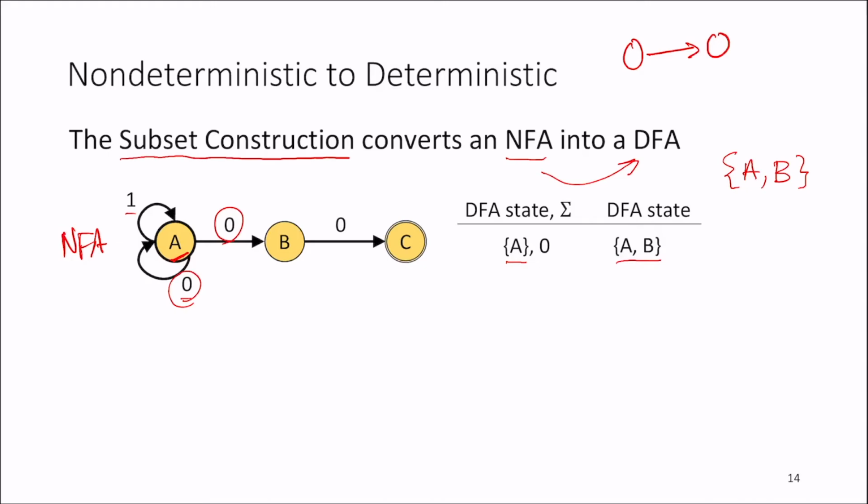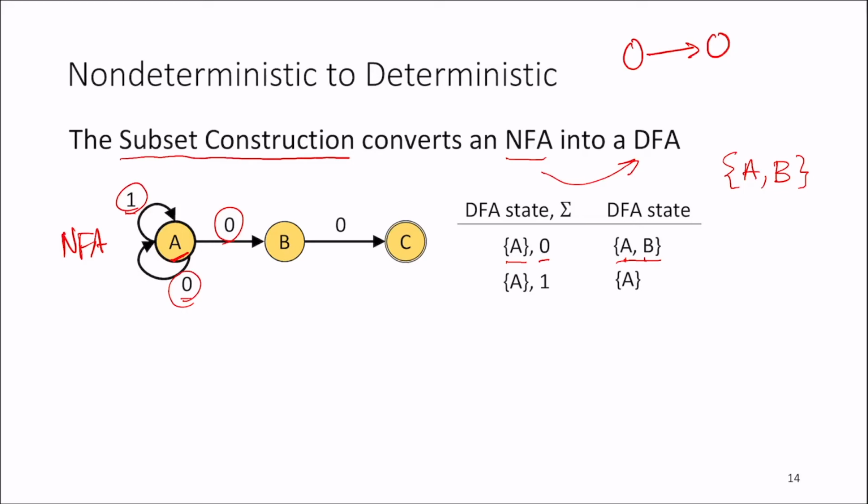Then on input symbol 0, I can end up in either state A or state B. When you look at this set notation, you should read it in English as, I'm reaching a set of states, so I can either be in state A or state B. What happens on input 1? Notice that I end up back at state A, so I'm back in a set containing only the state A.